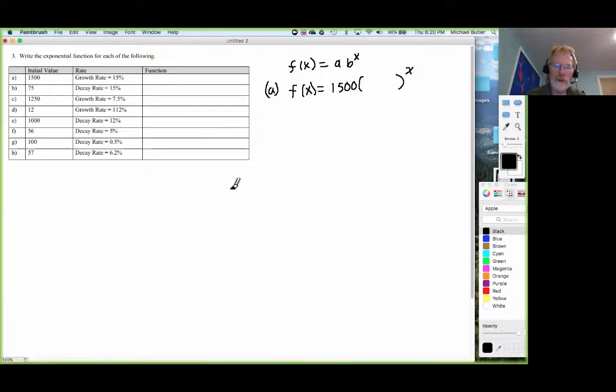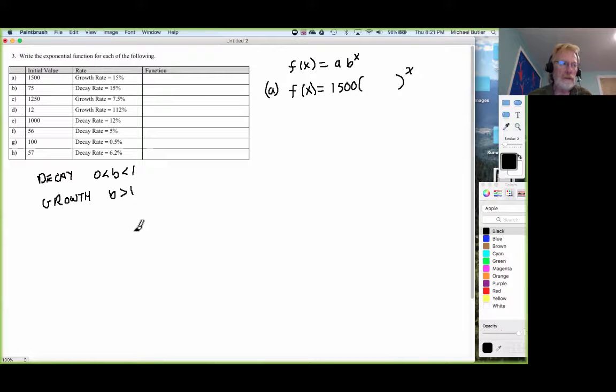Yes, right. So what you know is this is the fundamental. If it's decay, then what you know is that your base is going to be between 0 and 1. And if it's growth, you know your base is going to be greater than 1. So far, so good?